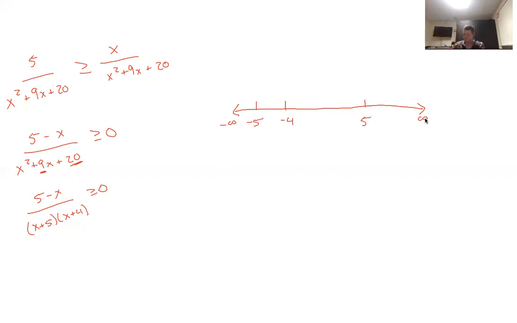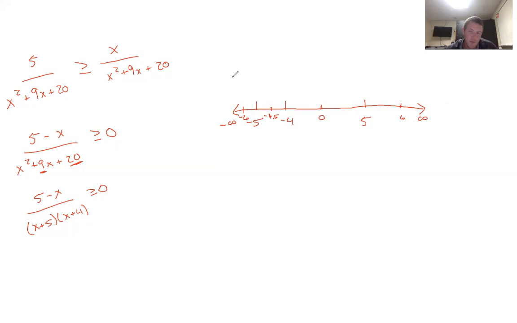So we would then pick numbers in between and solve it out. Okay, so we'll have to plug in 4 numbers here instead of just 3. Let me do that real quick. Okay, so the numbers I would pick, let's say, -6, -4.5, 0, 6.